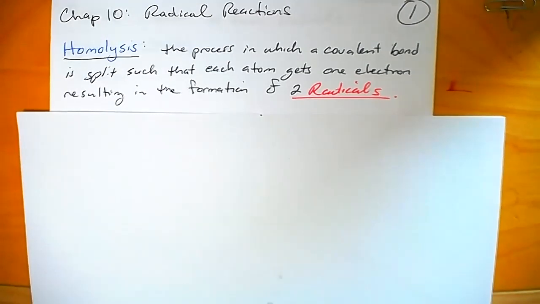The way that these are often generated is through the process of homolysis, where you have a sigma bond between two atoms that basically splits into two radicals. So you get a decomposition. One atom gets one electron and the other atom gets the other electron.